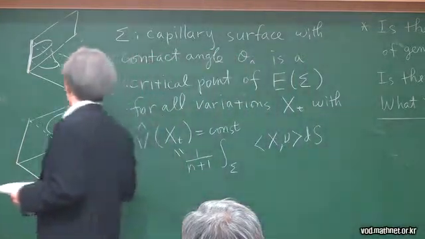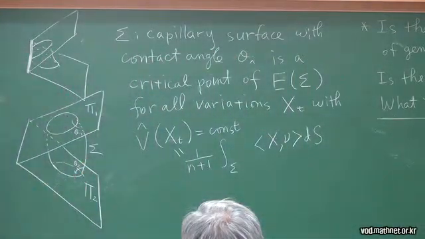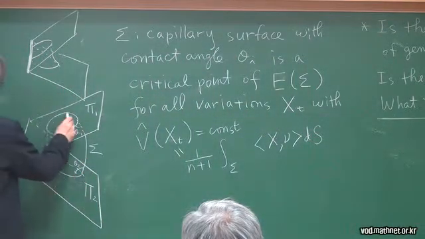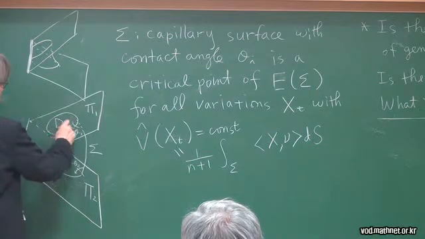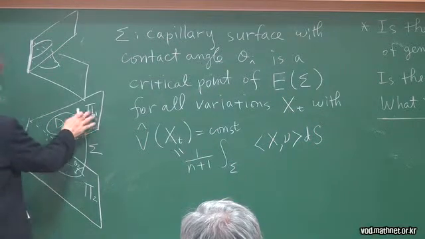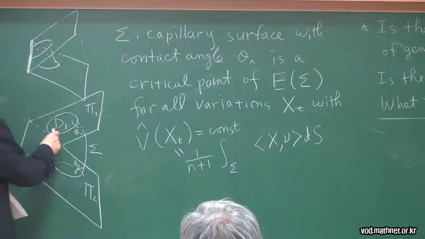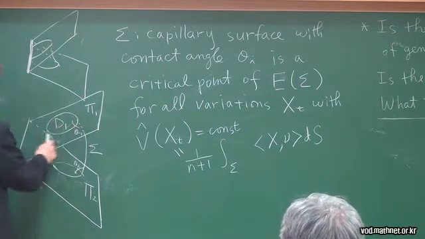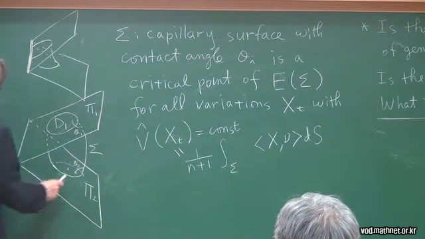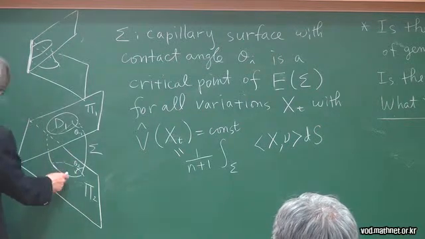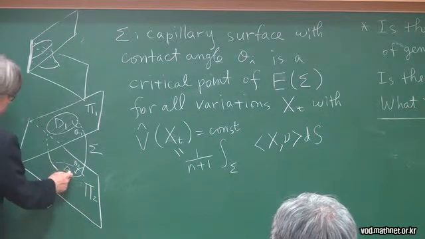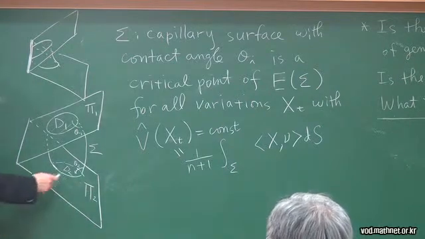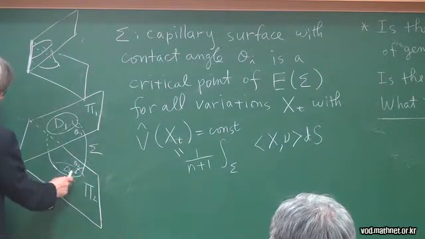Sigma is open. So to make it closed, we have to consider this domain, D1 on the plane pi 1, which has the same boundary as this part of the boundary of sigma, and this domain D2 on pi 2 with the same boundary as sigma on pi 2.